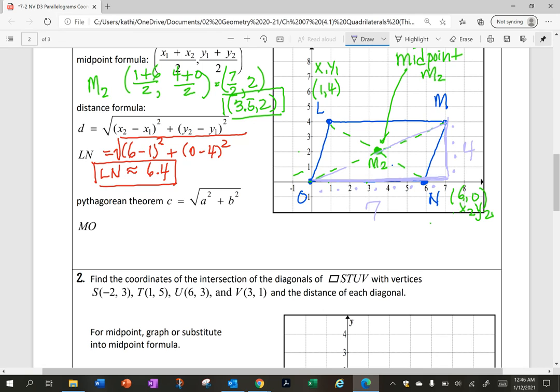I'm going to break down the hypotenuse into horizontal and vertical, substituting 7 for the leg A and 4 for the leg B. The distance from M to O is the square root of 7 squared plus 4 squared, which is approximately 8.1.